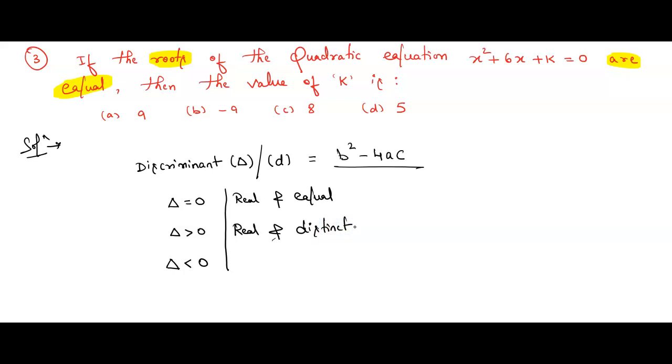If delta value is less than 0, then the roots are imaginary.